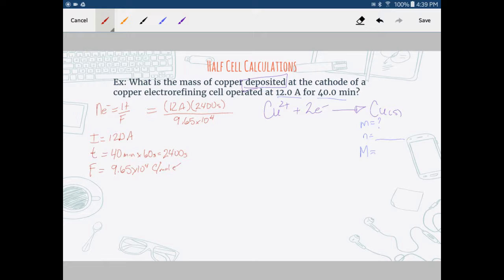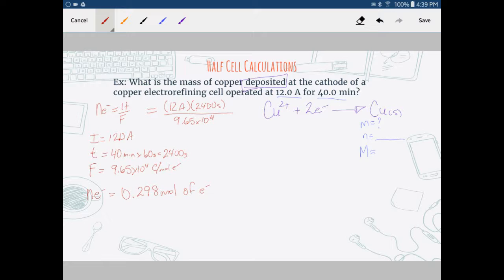When I plug that into a calculator, my number of electrons is equal to 0.298 moles. Now this is moles of electrons.